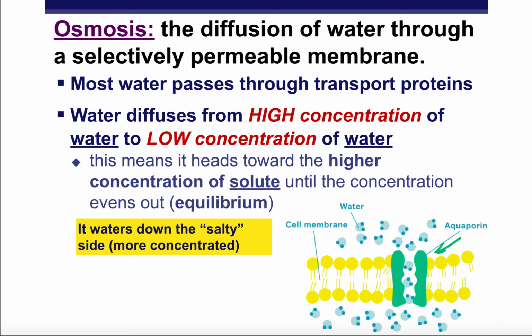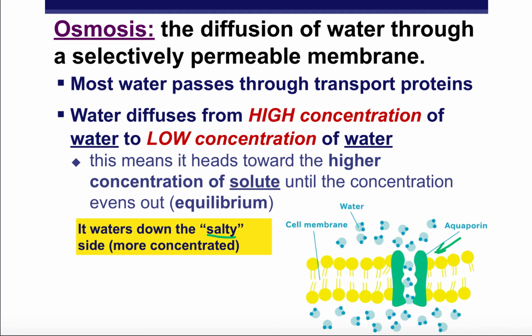But when other material can't pass the membrane, then what ends up happening is water flows to balance things out. And they still flow from high to low concentration of water. But what that ends up actually doing is water moves to where there's a higher concentration of solute. They will water down what I call the saltier side.